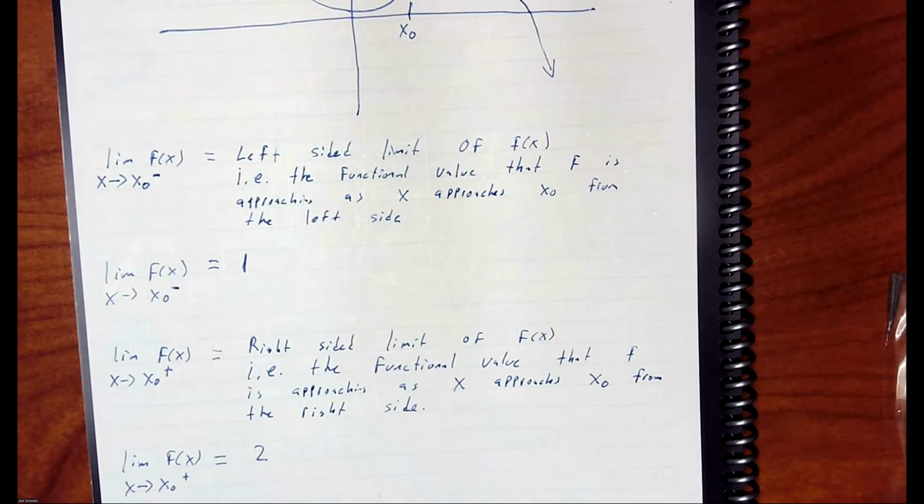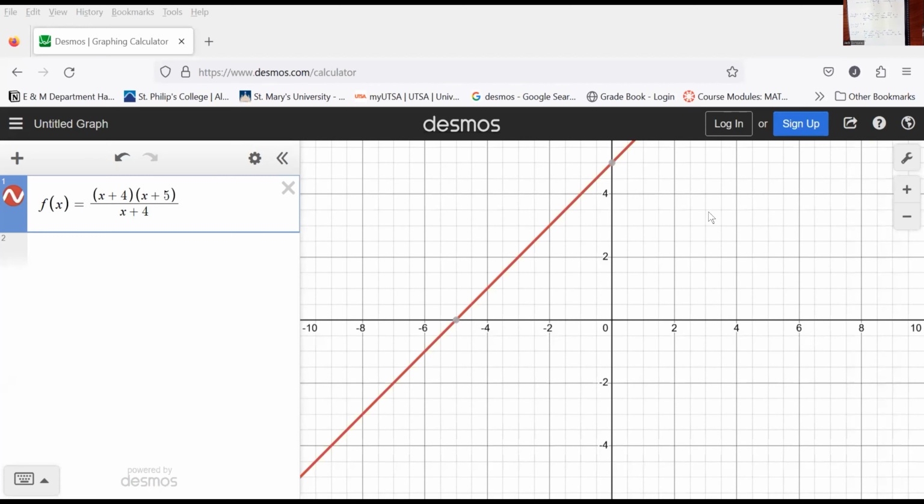I move my graph over there. I purposely made this graph with a hole in it, so you can see what I mean. Although this will be a two-sided limit. Where is it? There. Okay.